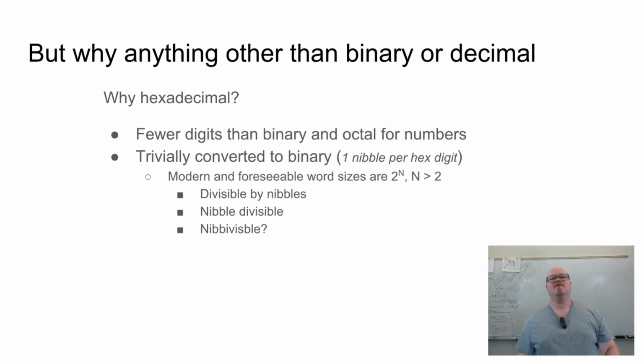So we won't see 12 and 24 and 36-bit machines very much now or in the future, but we will see 32-bit, 64-bit, 128-bit, etc. And as long as the power of 2 that these register sizes are in machines is greater than 2, then whatever it is, like 64, is definitely divisible by 4. And so that means we can break up any value's representation into a series of complete nibbles.